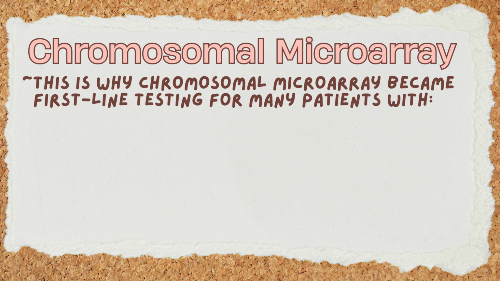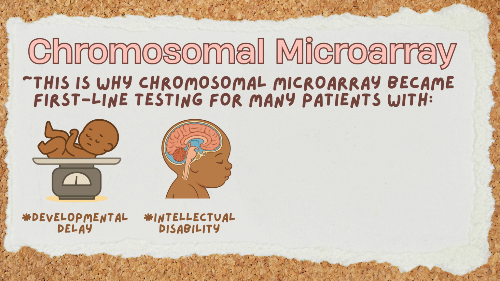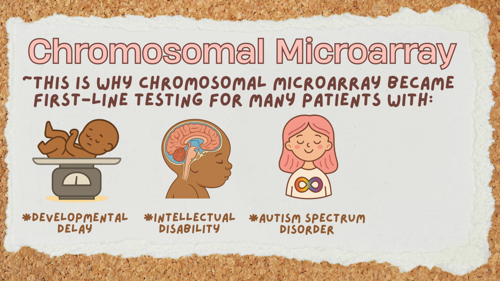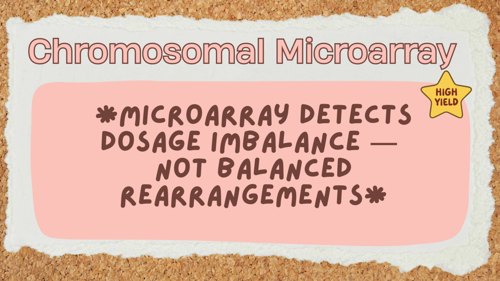This is why chromosomal microarray became first-line testing for many patients with developmental delay, intellectual disability, autism spectrum disorder, and multiple congenital anomalies. But here's the major limitation. Microarray detects dosage imbalance, not balanced rearrangements.